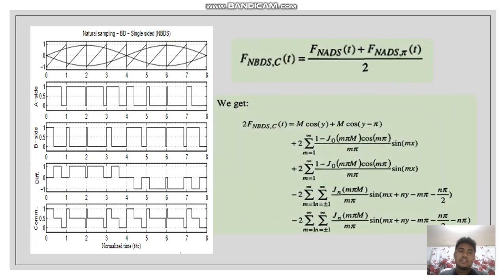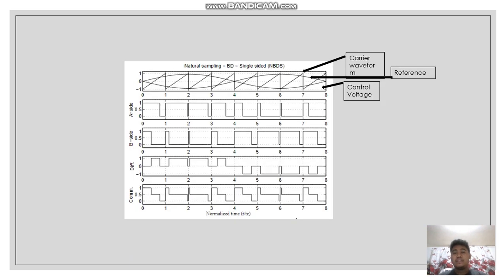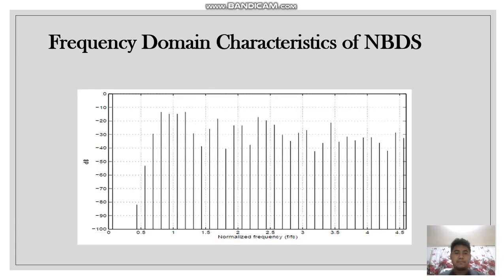On the other side, we have here the waveforms: the natural sampling BD single-sided NBDS. We have here the A side, B side, the difference, and the common. Next, we have here the carrier waveform, its reference, and the control voltage of it, as you can see in our table.